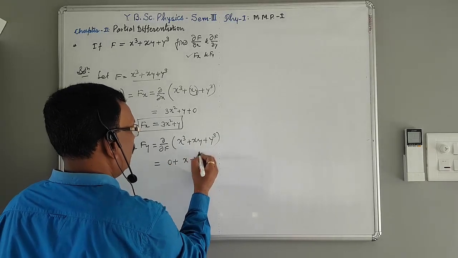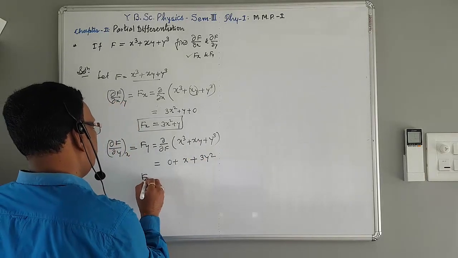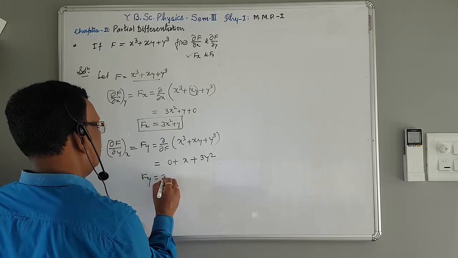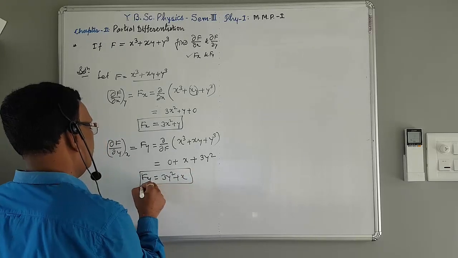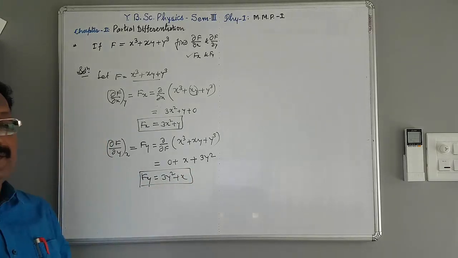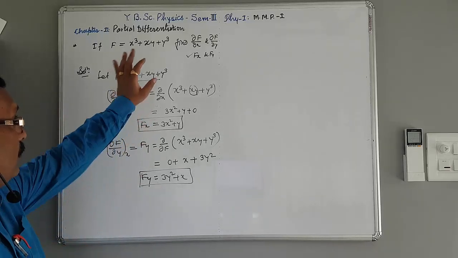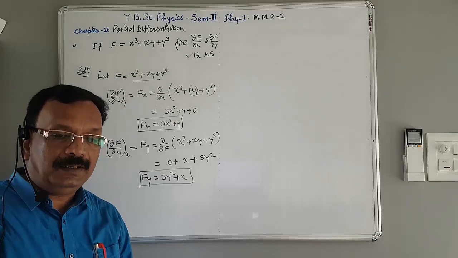The derivative of y³ is 3y². Therefore, the first order derivative of the function with respect to y is 3y² + x. In a similar way, we can find the first order differentiation of a given function in many problems.